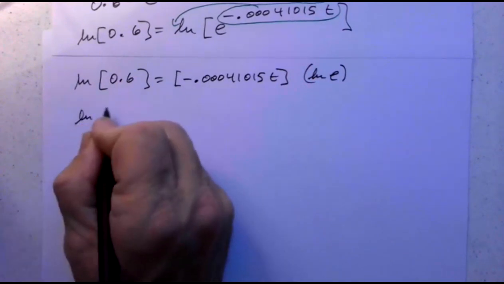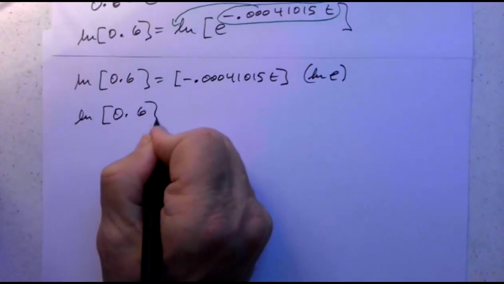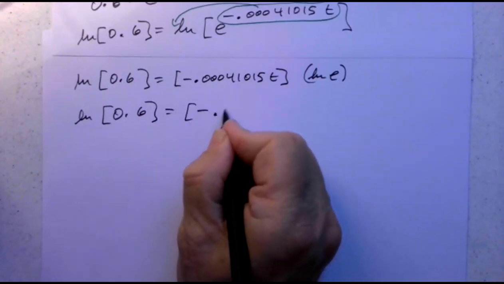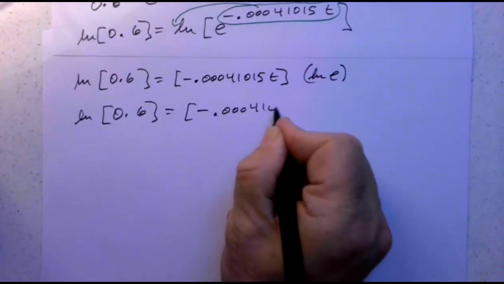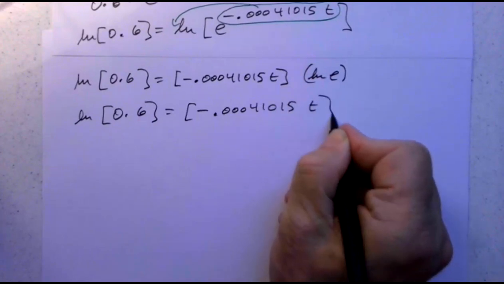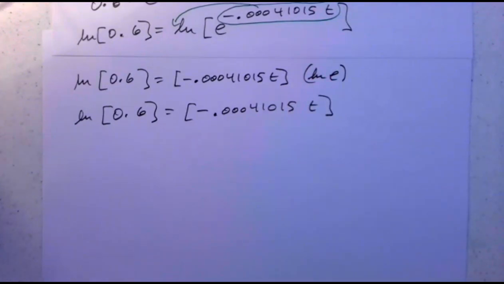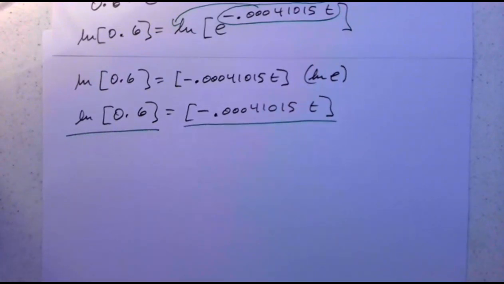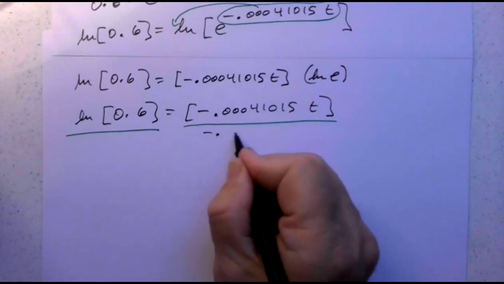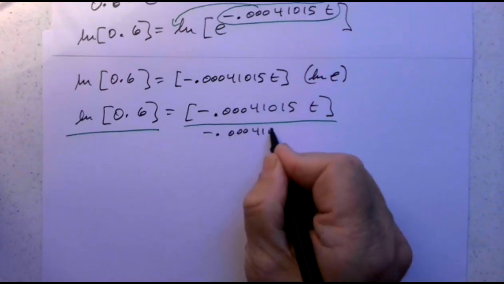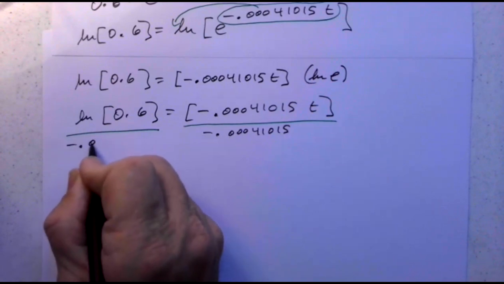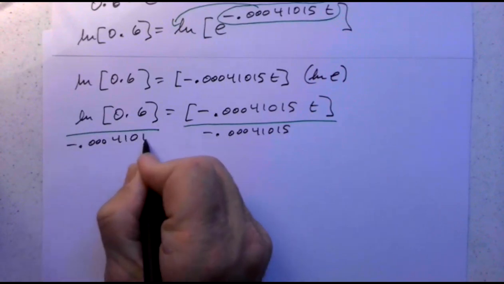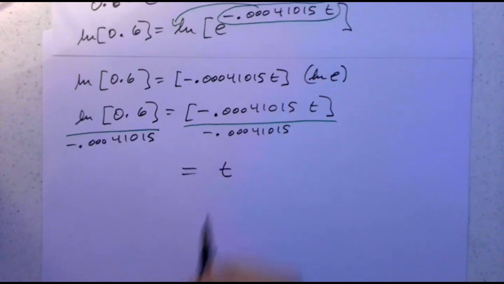Natural log 0.6 equals negative 0.00041015 t. Divide both sides by what's multiplying t, which is negative 0.00041015, and then what does t equal? How much time must pass so that there's less than 3 grams remaining?